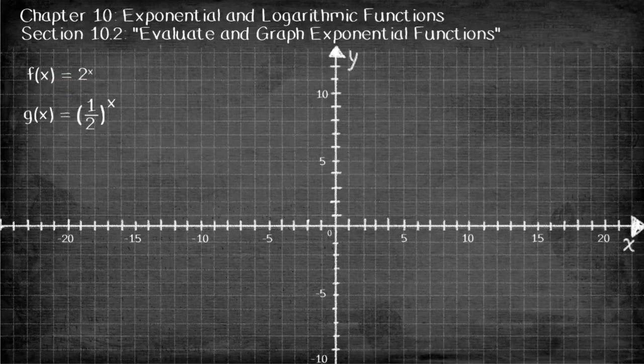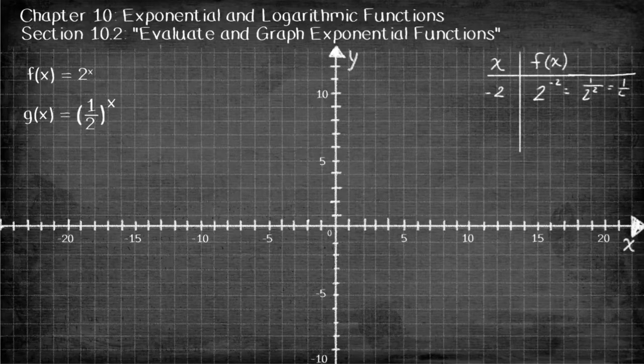All right, so let's graph some examples. Let's start with -2. If I plug -2 into f of x, I get 2 to the -2, or 1/2 squared, or 1/4.